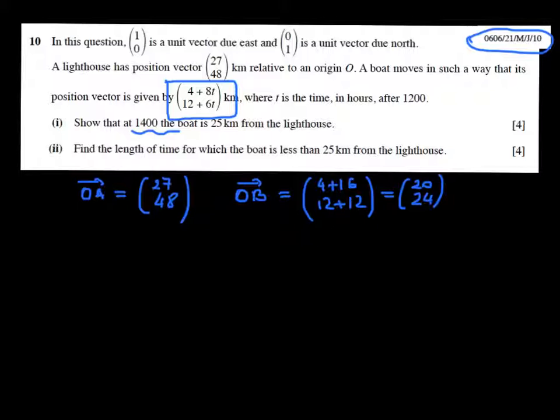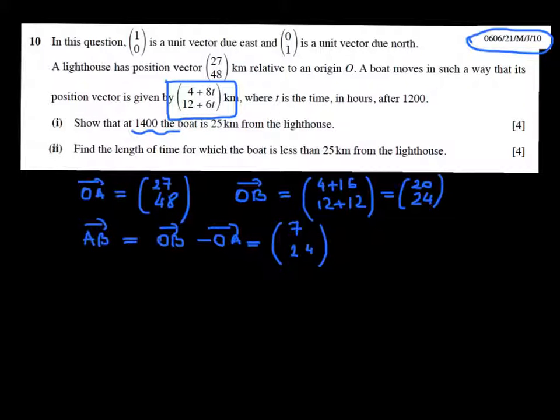So in these 2 hours, it moves from A to B, and the vector AB is OB minus OA, so it's 7, 24. It actually is negative 7, negative 24, sorry.